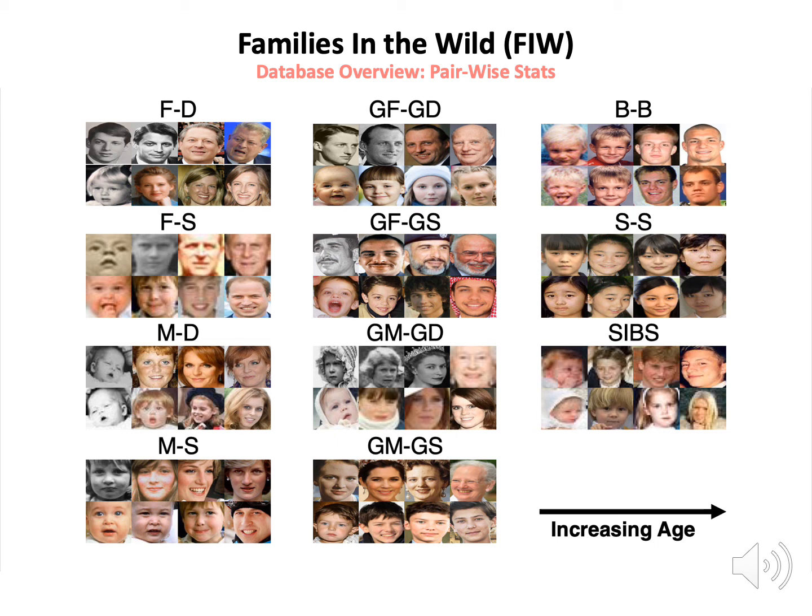Now for each pair here, we show the same father, for instance, the same parent-child, grandparent-grandchild, or sibling pair across different ages, so across their lifetimes. And you can see that we have various faces for each pair with increasing ages.